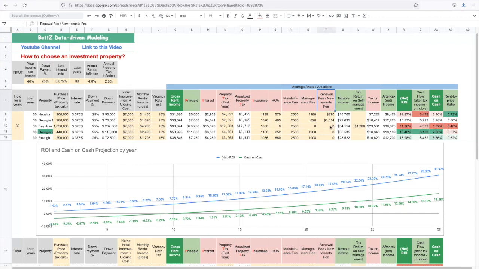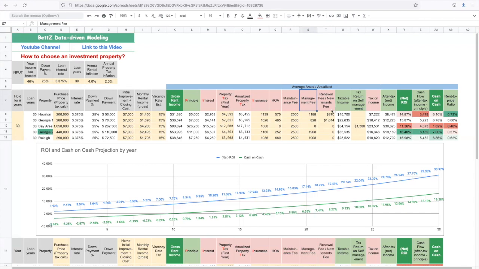Like the third row here, because it is a self-managed property, the fees are both zero. In this case, you can even get more tax relief if you manage properties by yourself. I will have another video to talk about using a simple data model to choose from different charging rates that our property management company provided to us.